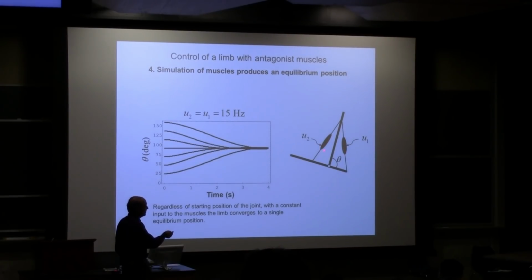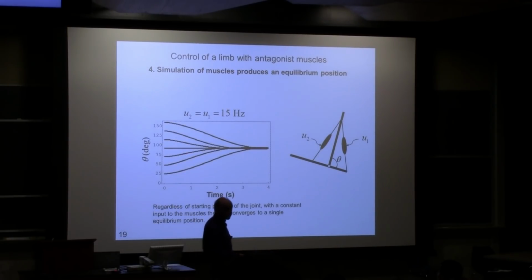They're like two springs. You're tightening this one, you're loosening that one, and what that means is that the arm is going to settle to some position regardless of where it starts from. And that's the equilibrium position of your system. The two springs give you an equilibrium position here. If one muscle doesn't produce a lot of force, the other one producing more force, and if I increase this force, it's going to give me an equilibrium here.